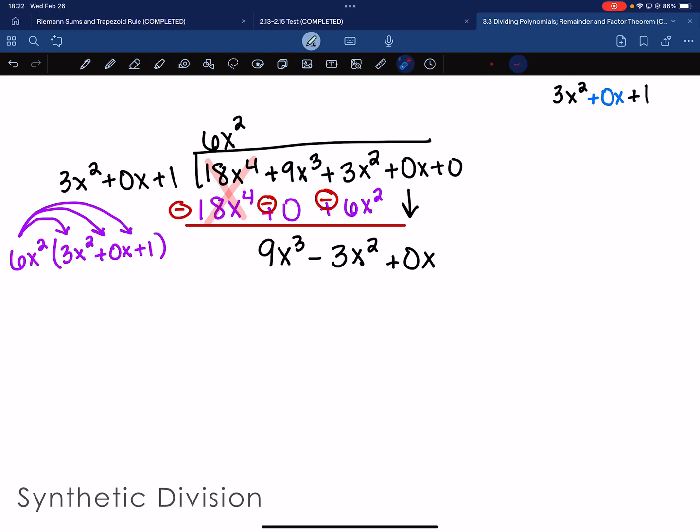So we ask ourselves, what do we need to multiply 3x squared by to get 9x cubed? And yes, 3x.